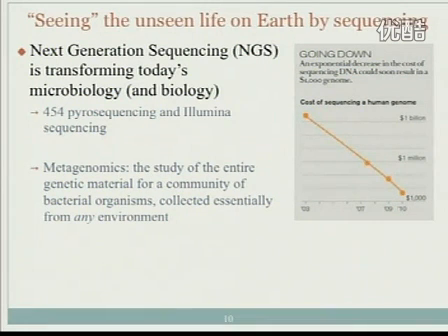If you care about the composition, what bacteria are in a community, you can just go with 16S. If you do 16S, you want to get longer reads, so 454 gives you longer reads.